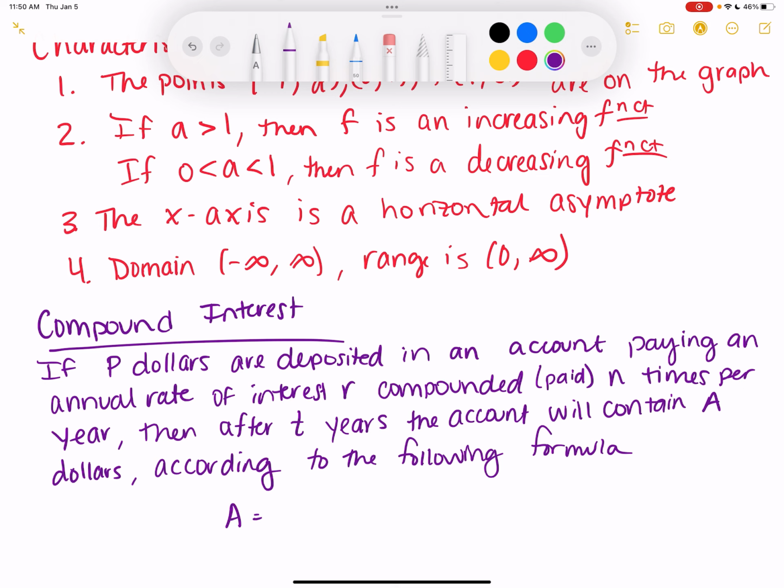A equals P times (1 plus r over n) raised to the nt.